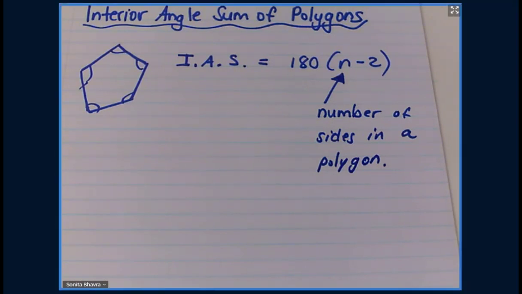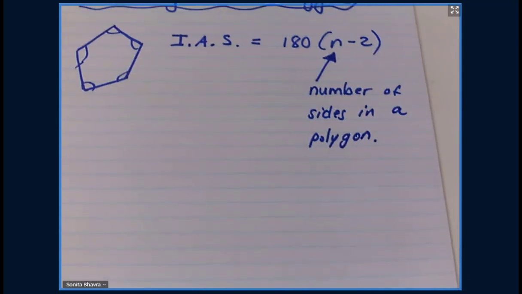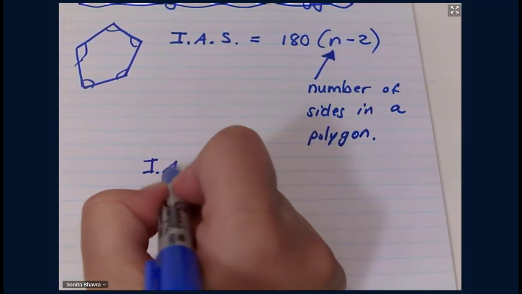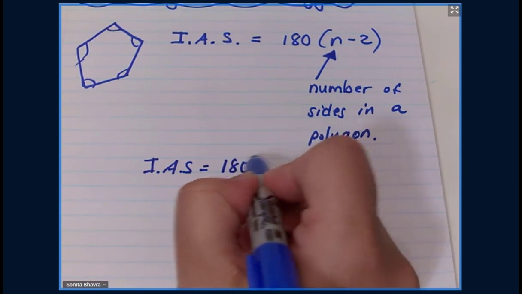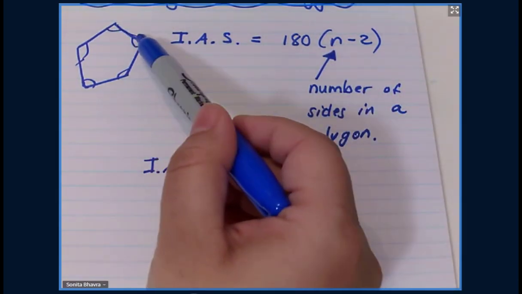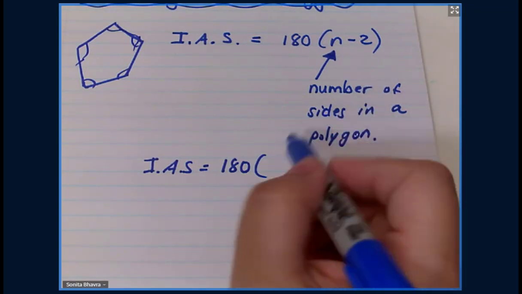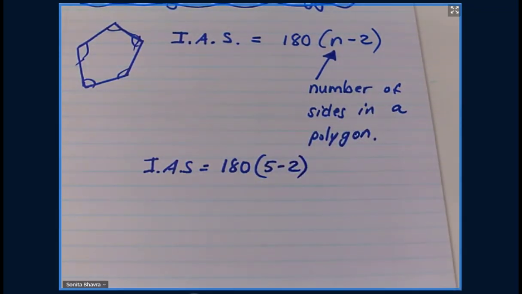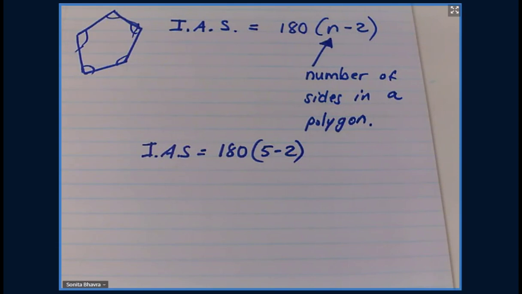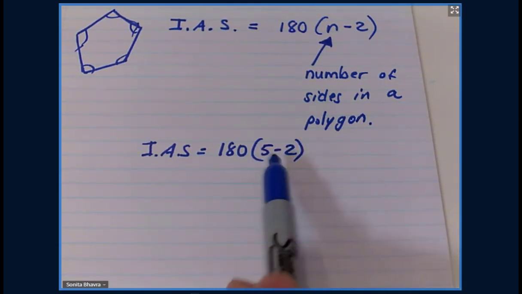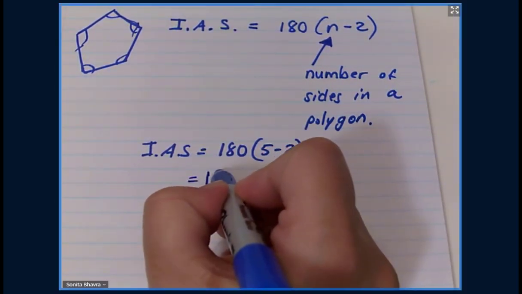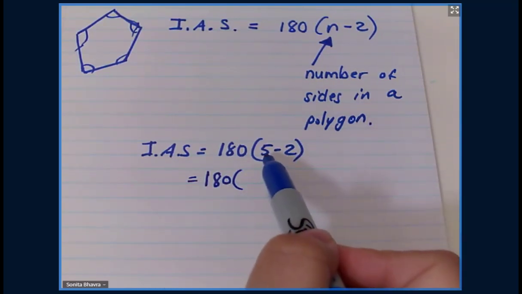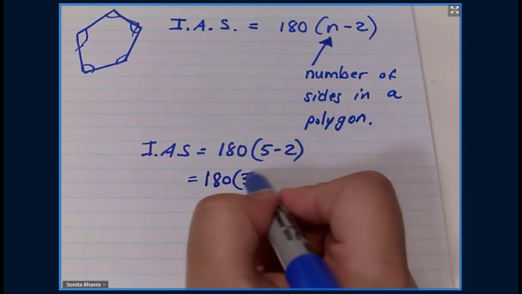All right, so let's take a look. If we had this pentagon again, it has 5 sides, so using our formula, I would do 180, number of sides is 5, 1, 2, 3, 4, 5 sides, 5 minus 2. Then you would use your BEDMAS rules, make sure you do brackets first, so it would become 180 multiplied by 5 minus 2, which is 3.